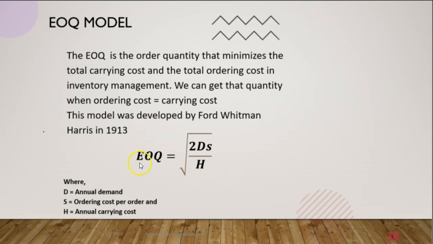And this formula is EOQ, which is economic order quantity, equal to the square root of 2 times D times S all over H, where D is equal to annual demand, S is equal to ordering cost per order, and H is equal to annual carrying costs.